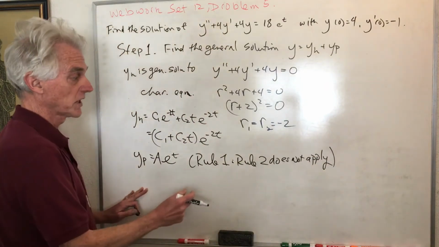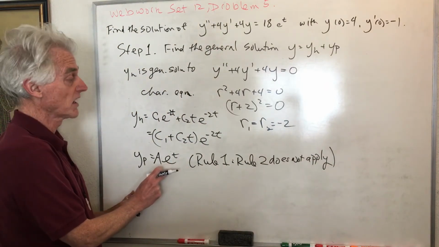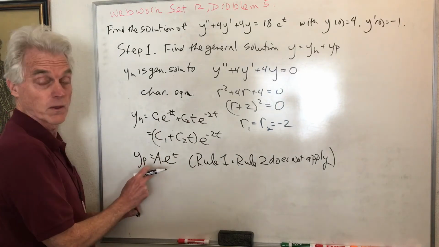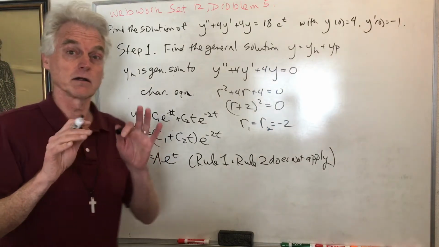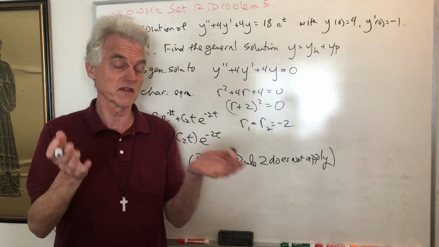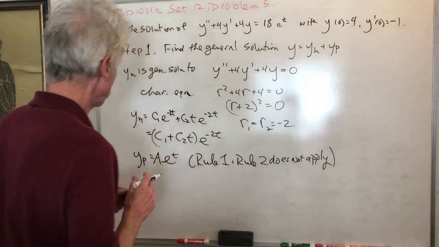Rule 2 doesn't apply because e to the t is not a solution found in yh. Okay, and those rules are on the handout on the website for the method of undetermined coefficients.